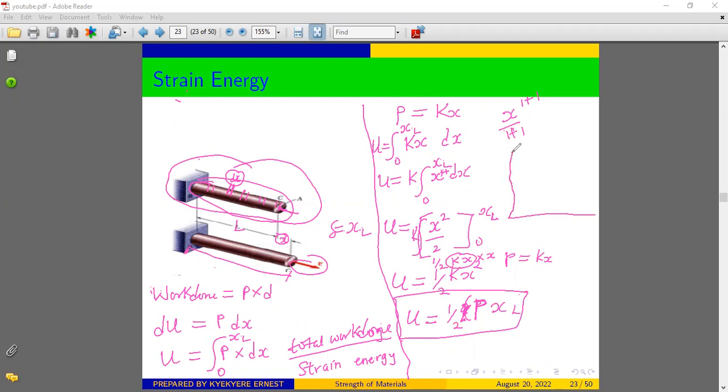So when I draw a stress strain curve like this, the area under the stress strain curve will be equivalent to the strain energy, or the work done in deforming the material. If this is our stress and this is our strain, then the area under the curve is going to represent our strain energy.